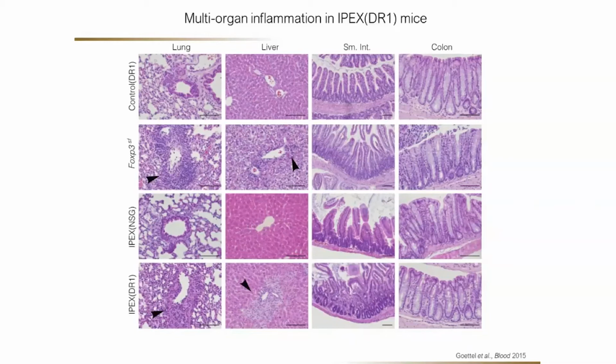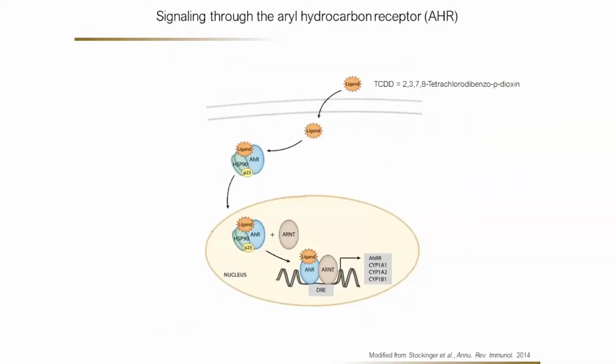In order to make sense of this, we knew that IBD resulted from these exacerbated immune responses. And for years, investigators have known that a particular dioxin called TCDD, which is an active component in Agent Orange, activates the aryl hydrocarbon receptor, and that if you treat cells with this, you can induce regulatory T cells.